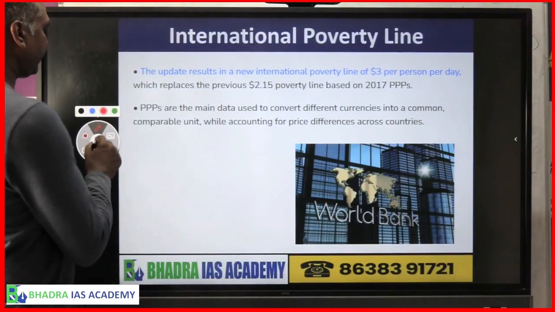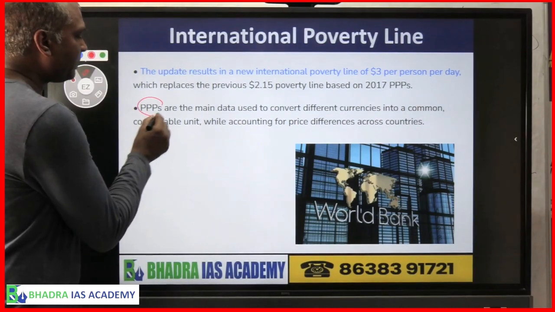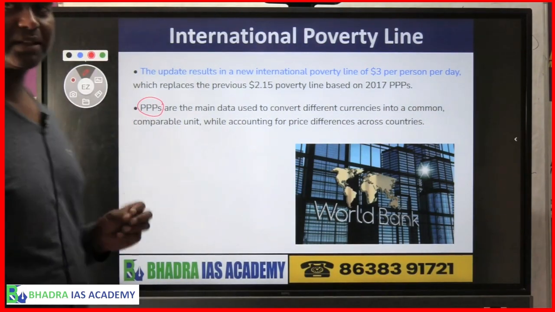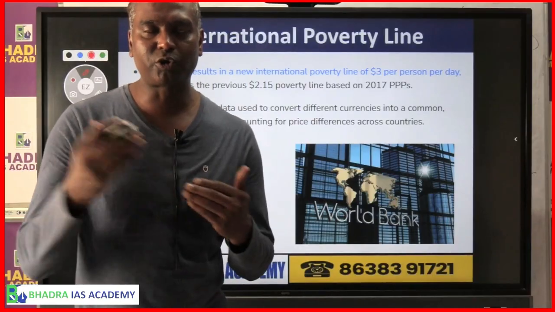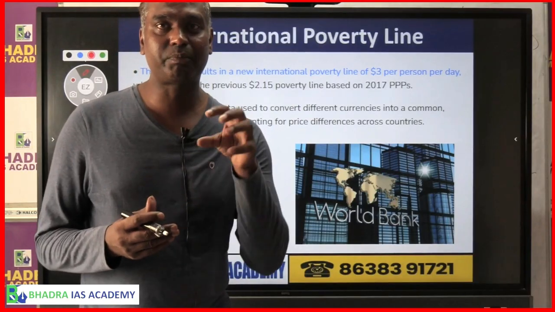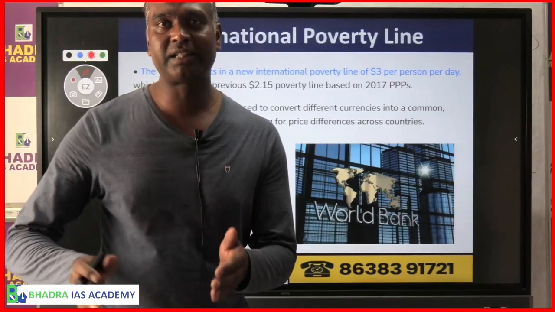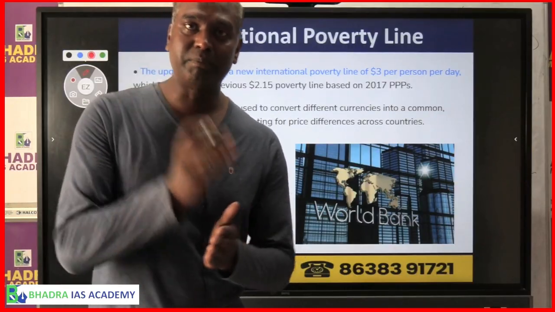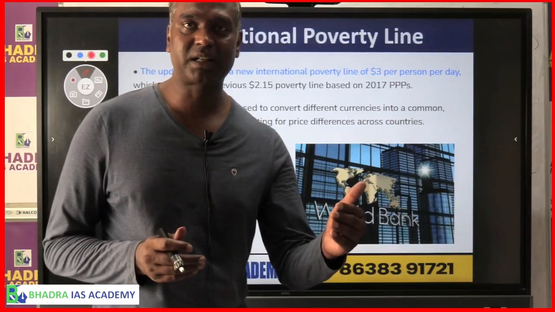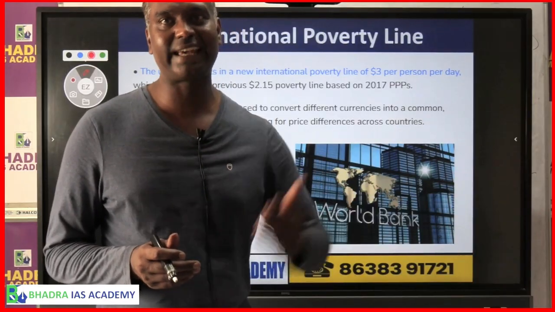So what is the idea of the PPP? Basically purchasing power parity, we compare two countries का currency का purchasing power. मतलब क्या है, इंडिया में रुपया का purchasing power क्या है, उसको हमें compare करना है with डॉलर का purchasing power in USA.